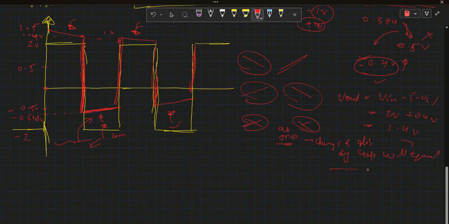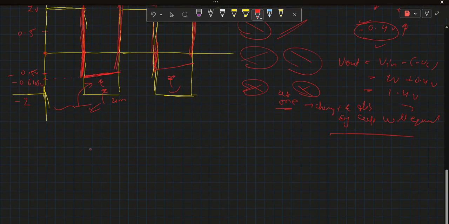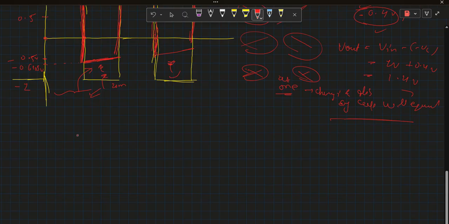At this time frame, this is our input, and the output voltage will ripple on the input. Everything is the same, but the output voltage will look like this, as a ripple.